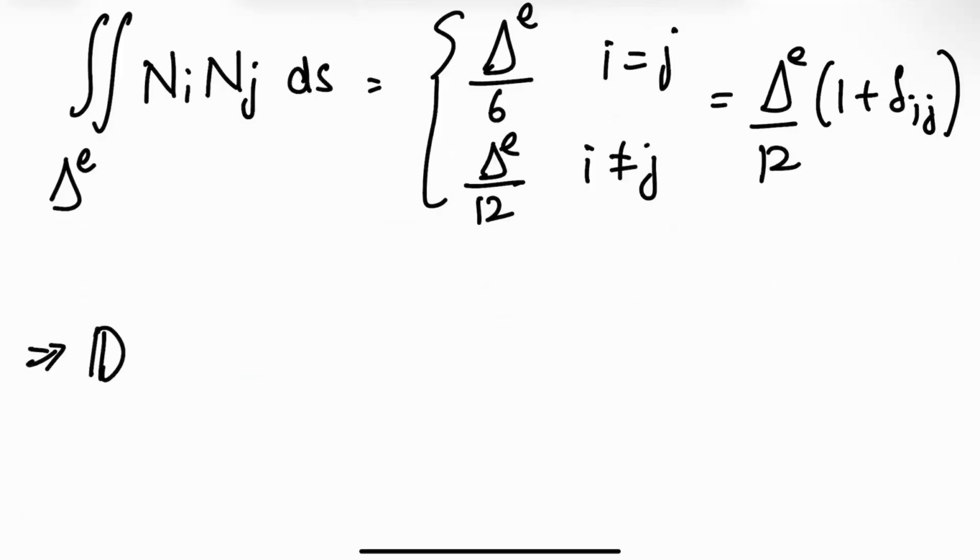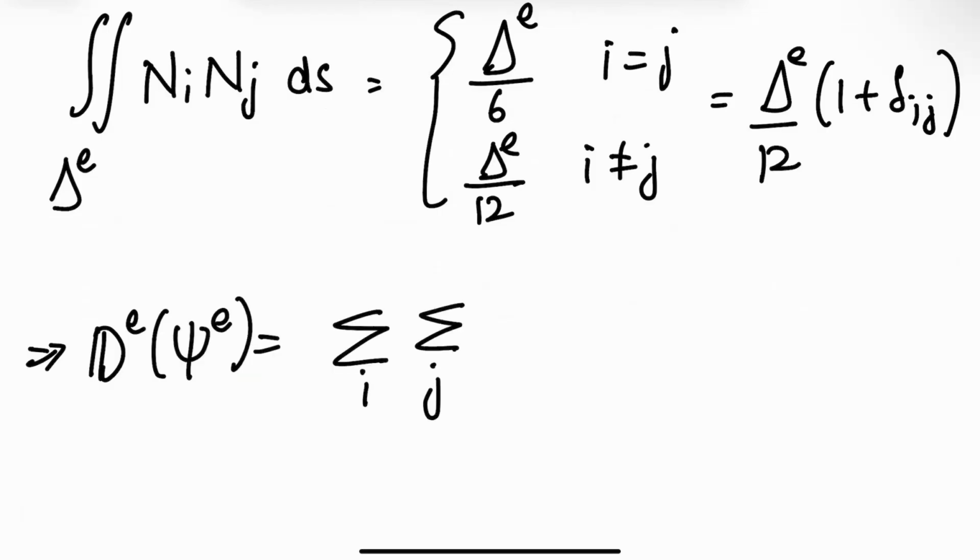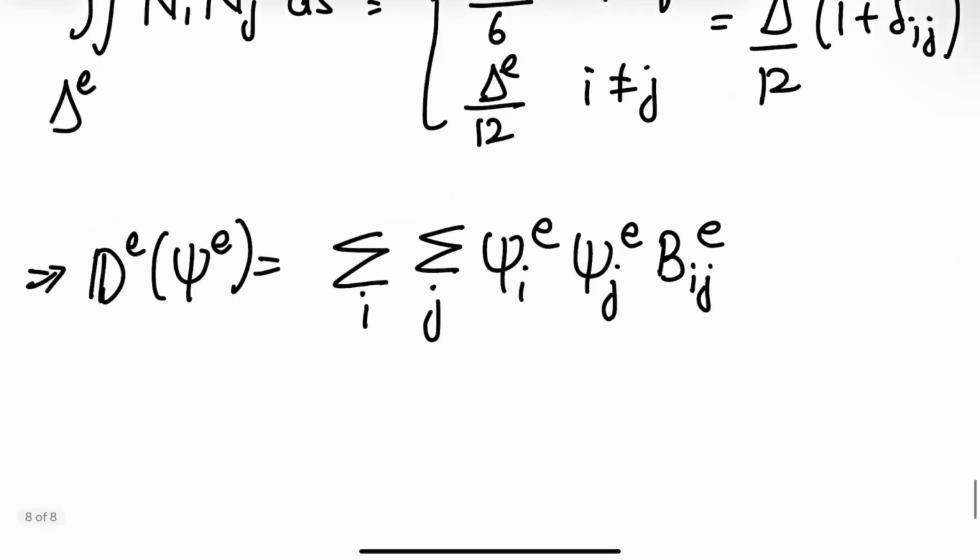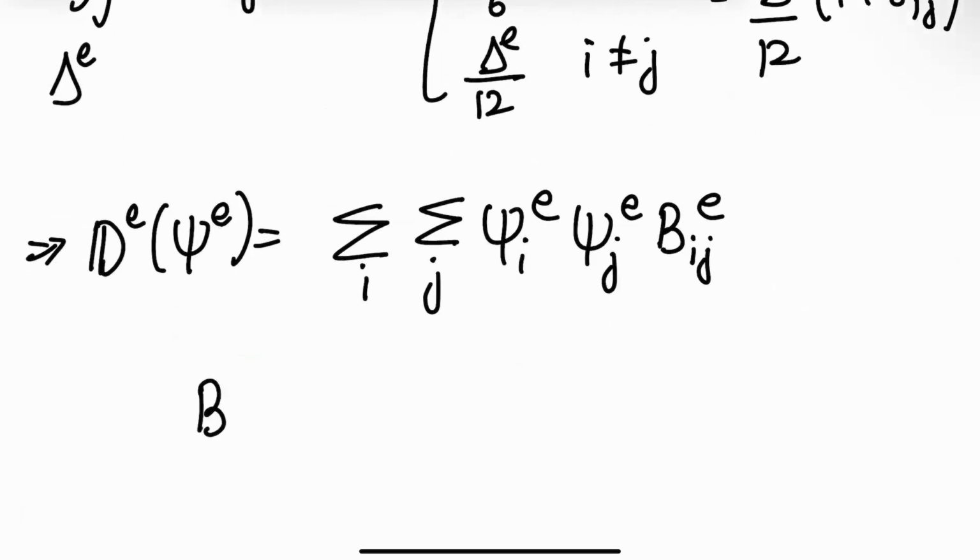So this now implies summation i, summation j, psi_i^e, psi_j^e, B_ij^e, where my B_ij is the mass matrix, and it is given by exactly this, which we saw earlier.